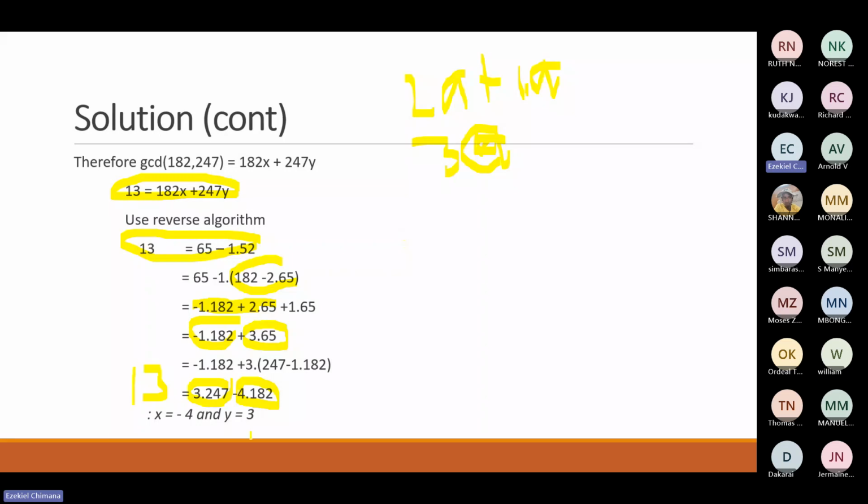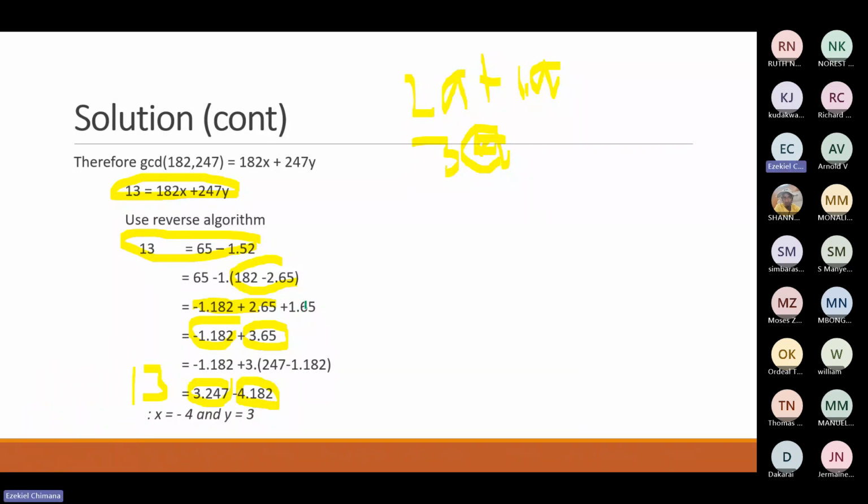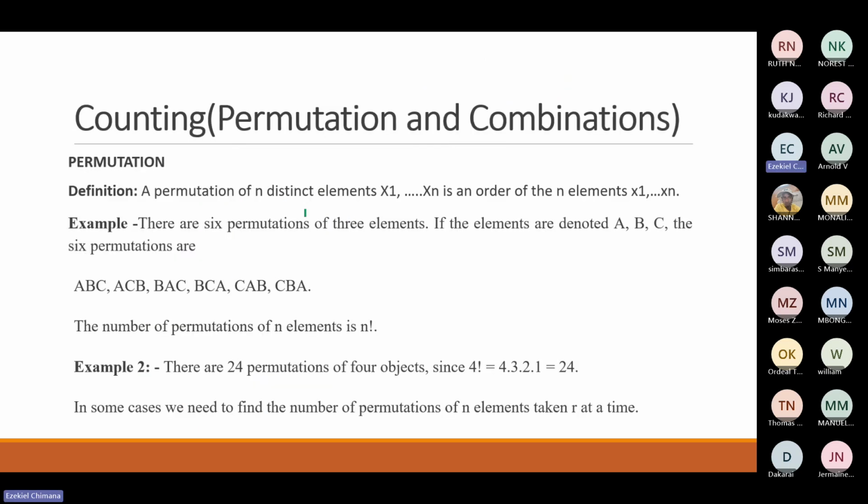Okay, Tim. I don't know if I've got some questions on how you can use the Euclidean algorithm to solve equations of this type. If I do not have questions or contributions, I'm sure I can move on to the next topic, which is counting.